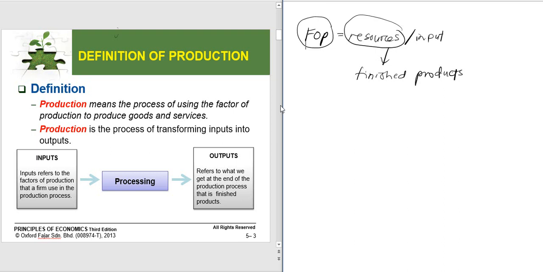So input refers to the factors of production, which is what I said just now, that a firm uses in the production process. You will process all the raw materials, all the inputs, and what you will get is the output, which is the finished product or the end product that the consumer can buy and use immediately.